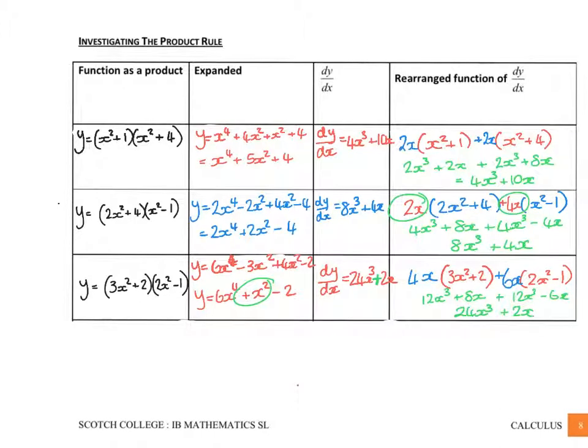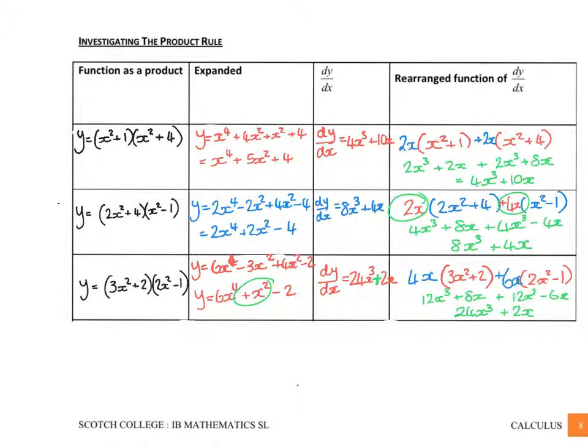Did anybody spot that? Excellent. So it does work. So what we've got to do now is spot the pattern, if we haven't already, as to where we get these numbers from. Okay, so have a go at doing the ones in the book and pause this video, do the ones in the book, and then come back to this video and we'll have a little chat about the rule that we've hopefully spotted.